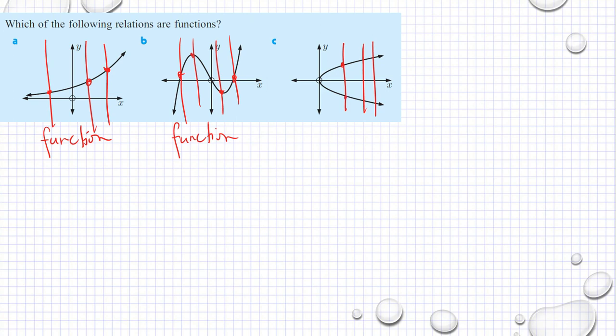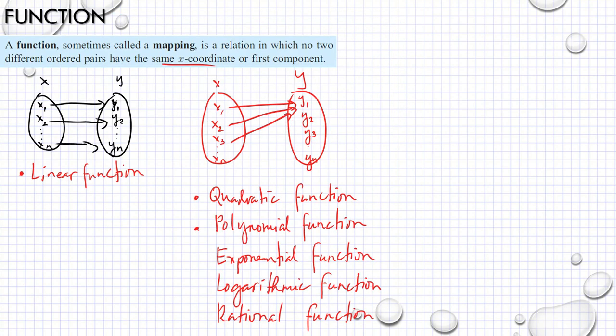And if I do this one, then I will cross the graph at two points. Then this is not a function. As you can see, there is a set of pairs of numbers, but going back to the definition of a function, it says that it is a relation in which no two different ordered pairs have the same x coordinate.